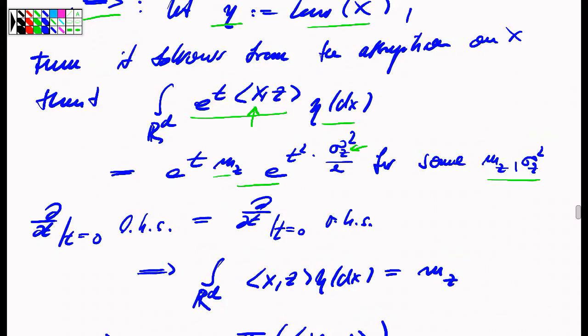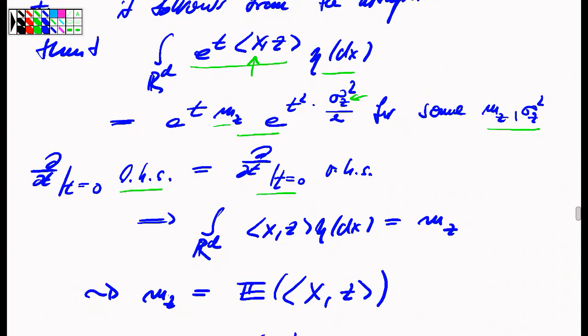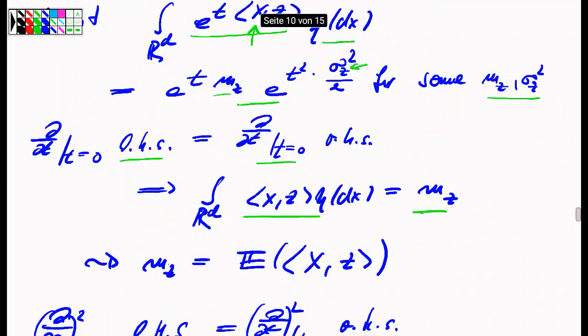Now this is an identity for a whole family of t's, and we can compare the identity which we obtain if we take the first derivative with respect to t at t equals 0. Then on the left hand side we obtain the expectation of the inner product of x with z integrated against eta dx, and on the right hand side we get mz.